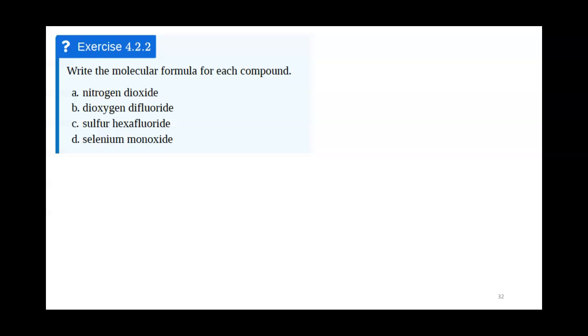So it says write the molecular formula for each compound. So the first thing I'm going to do is write the symbol for the first element in each case. We want the formula, we're not writing the name, we're turning the name into the formula.